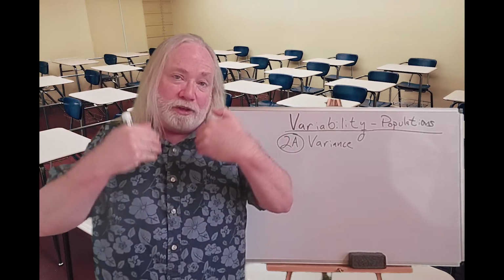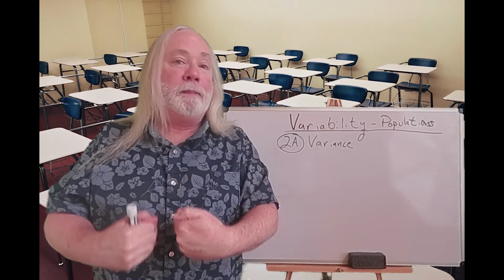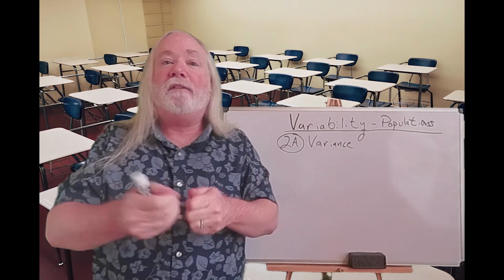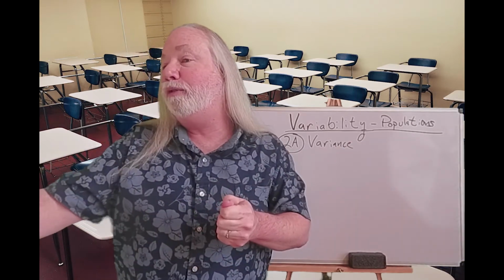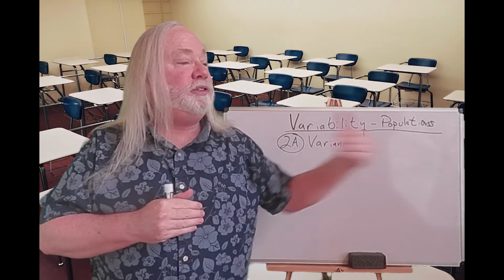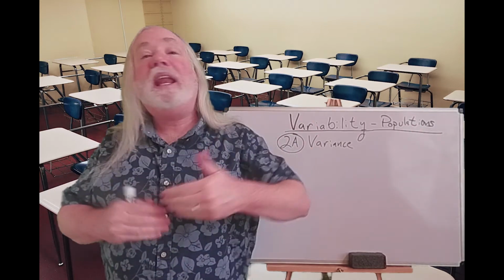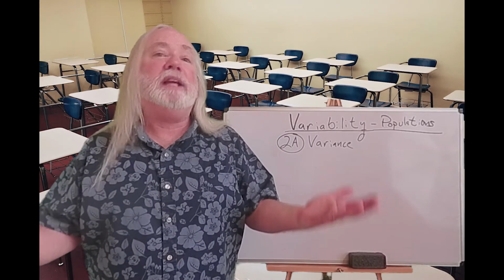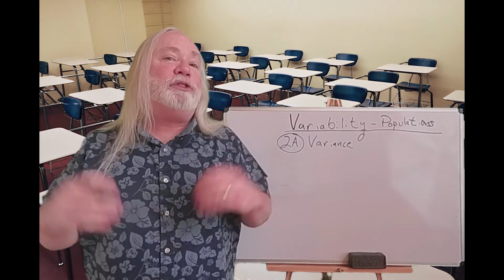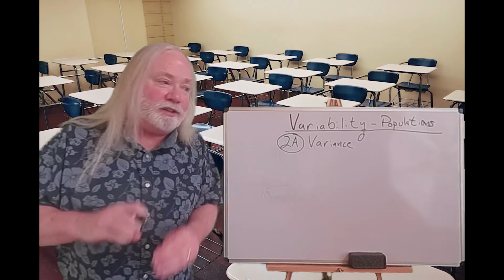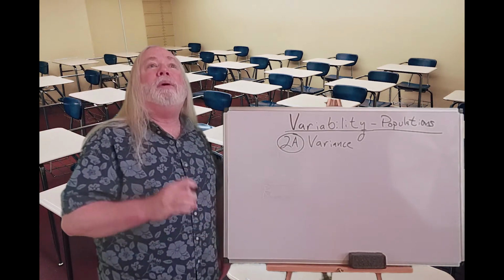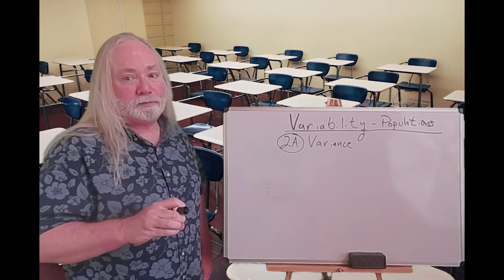I'm representing the center pillar, if you will, the mean. And I say, well, how far is this student from me? How far is that student from me? How far is the other student from me? How far is the other student from me? And I get the measure of all their distances from me. And then I can just get the average of that. Well, on average, students are sitting this many inches from me. That's what we want to do in our data. That is our mission statement that we want to get to. So how do we get that to happen?